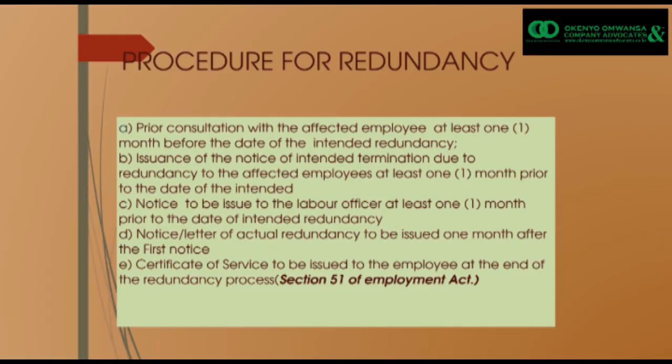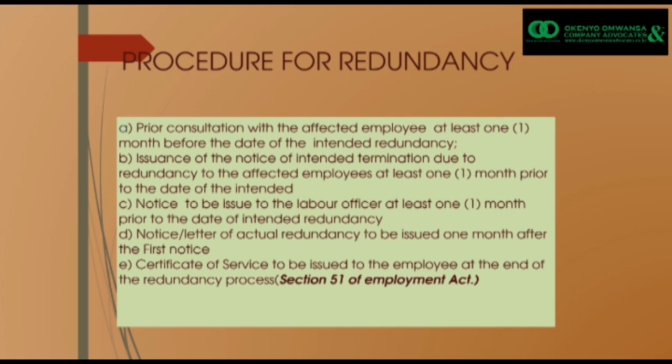So what is the procedure for redundancy? First of all, you are supposed to do consultation with the affected employees at least 1 month before the intended date of redundancy. After that, you are supposed to issue them a notice of the intended termination due to redundancy, at least 1 month also prior to the date of the intended termination.